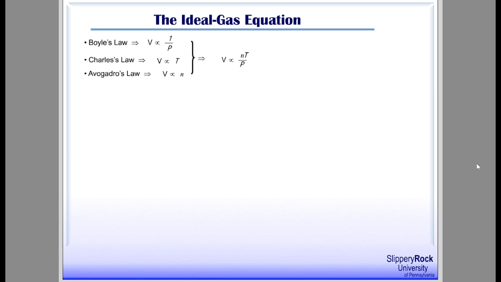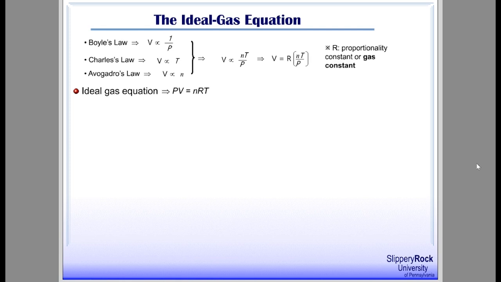That is, the volume of gas is proportional to nT over P. If we use a proportionality constant R, it turns into an equation. V equals R times nT over P. The proportionality constant R is called the gas constant. This equation is called the ideal gas equation, and it can be rewritten as PV equals nRT.